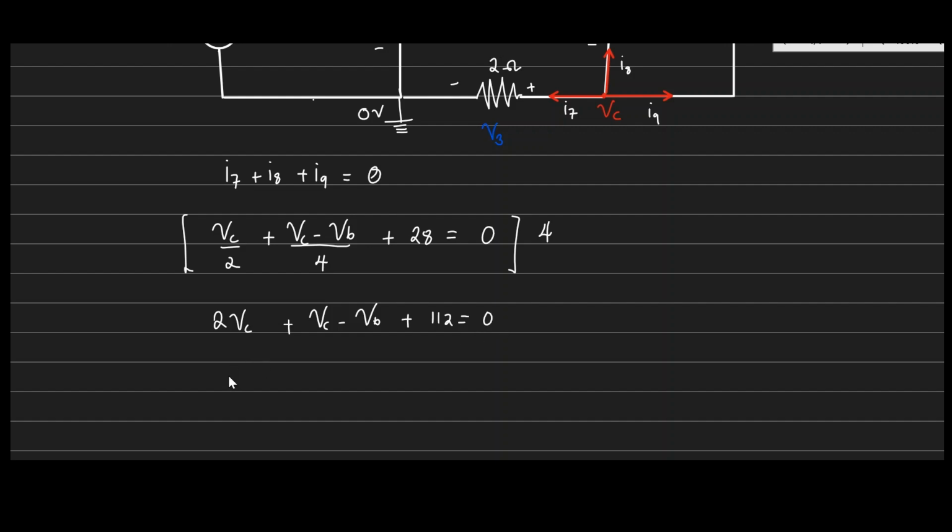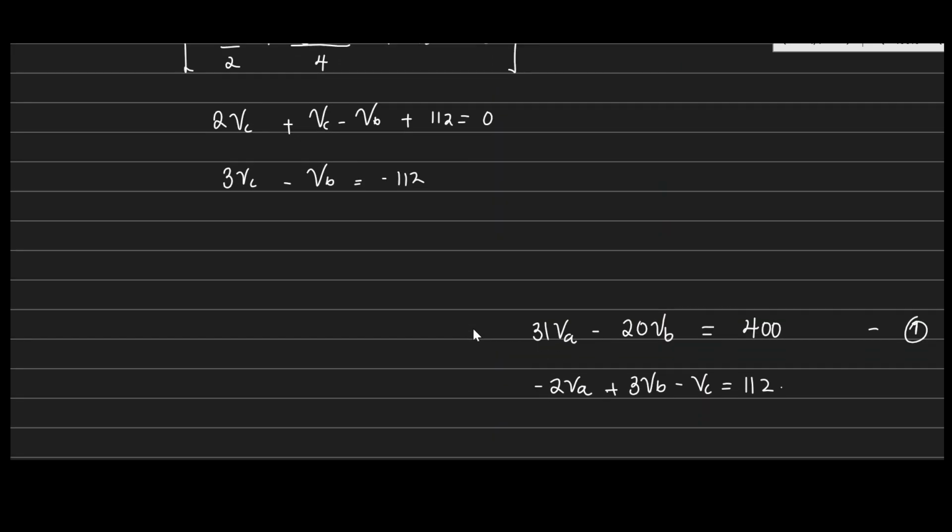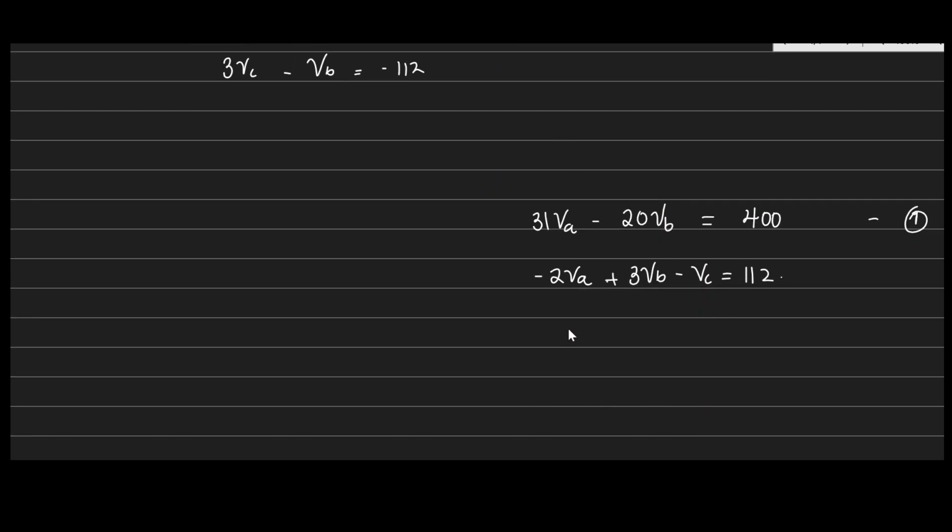Okay, so here we have 3VC minus VB equal to negative 112, right? Because when it moves outside, you have negative. So that's our third equation. So we have 3VC minus VB equal to negative 112.